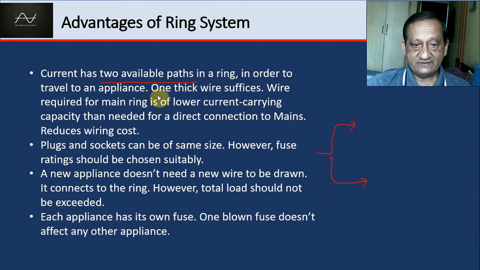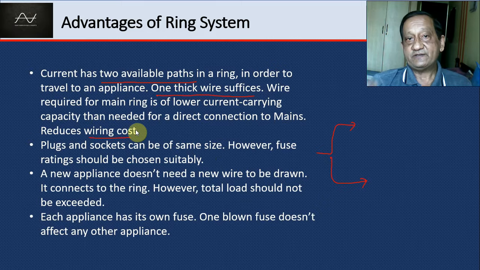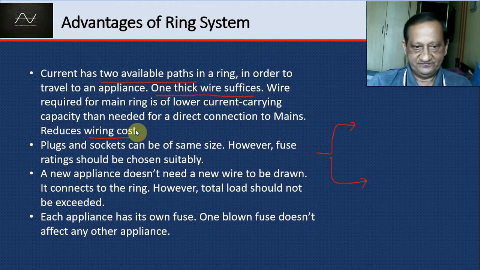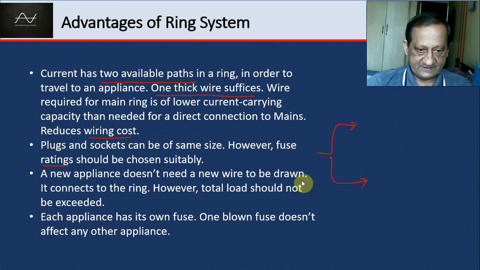So one thick wire suffices, and the wire for the main ring is of a lower current carrying capacity than needed for a direct connection to mains. It reduces wiring cost because large current carrying capacity means large thickness, large mass, large cost. Plugs and sockets can be of the same size. However, the fuse rating should be chosen suitably for various appliances.